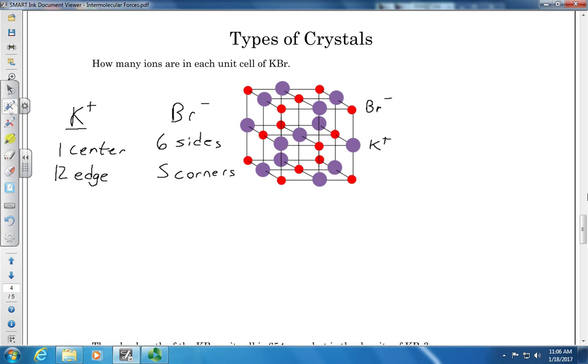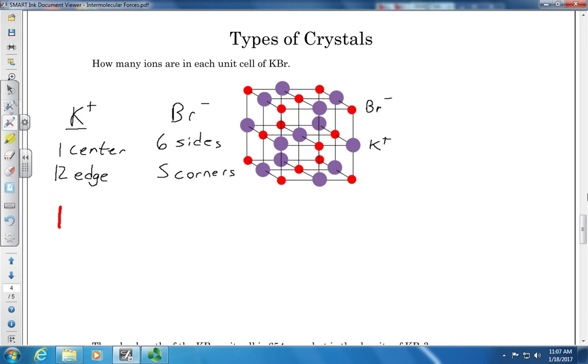So, looking at this, let's think of what a cube looks like. When we say that there's 1 in the center, we mean one whole one. So there's going to be a whole potassium ion in the center of this unit cell, because it's not being divided up by the edges of the unit cell.